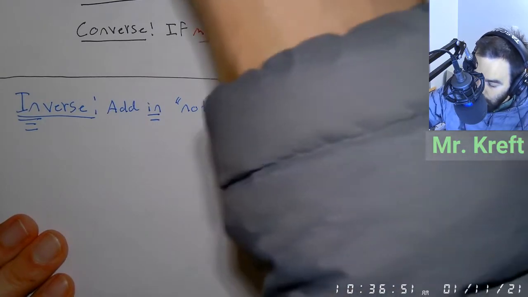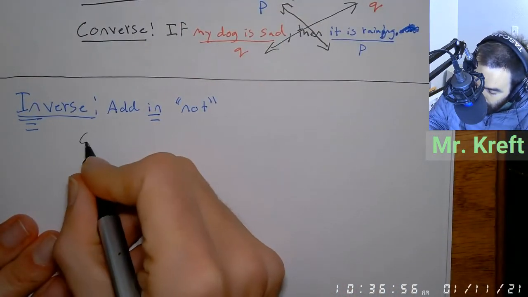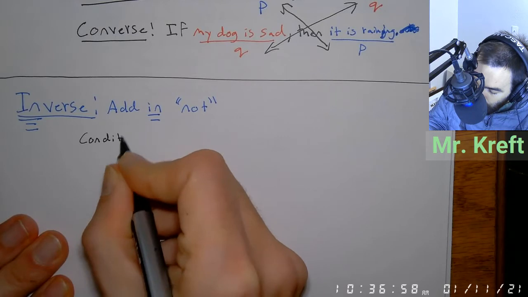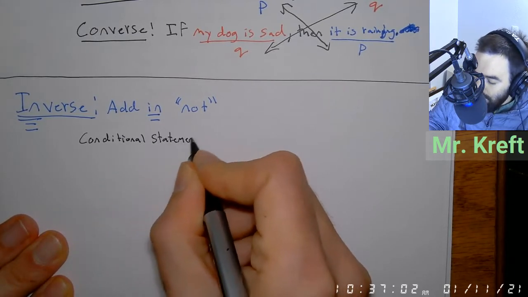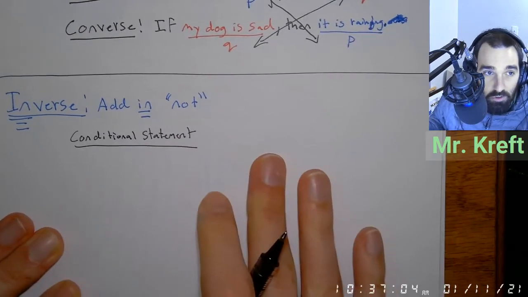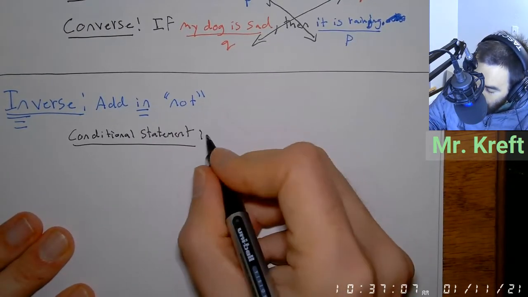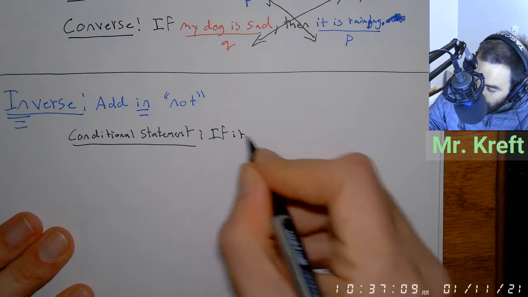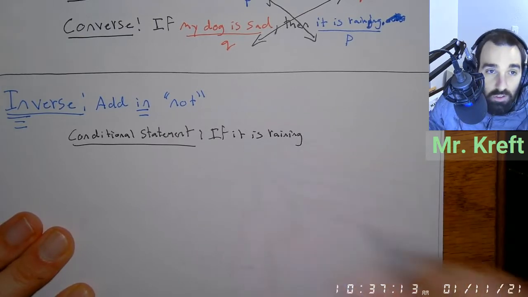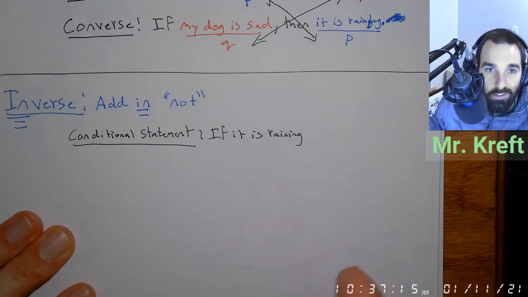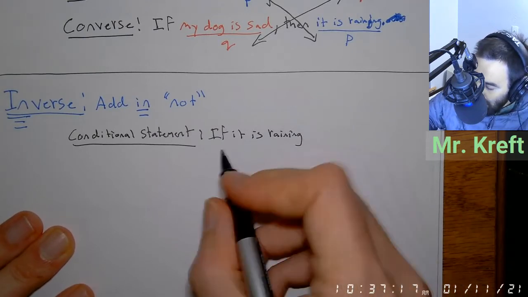Okay. So let's look at our conditional statement again. Again, you don't have to write this down again, but I'm going to because I am a crazy guy. So if I look at my original again, I say if it is raining, then my dog is sad. I'm just using the same one every time, so it's easy for you guys to copy. You don't need to look at your screen.